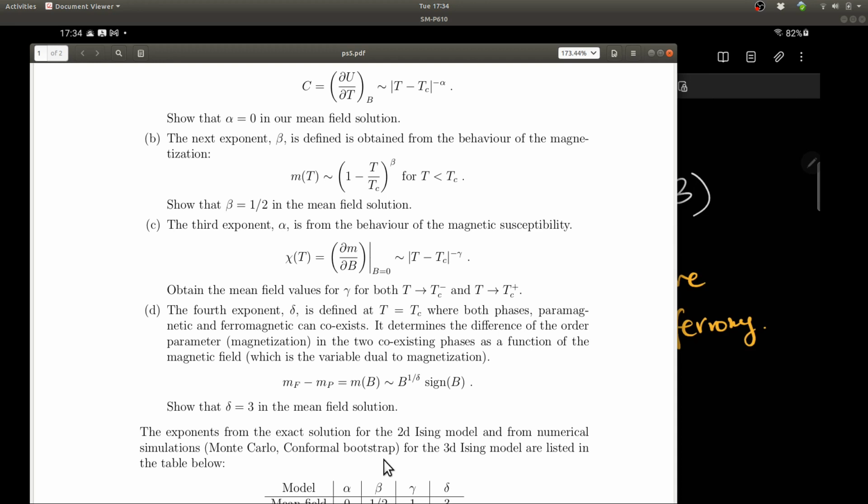At the coexistence line, at t equal to tc, both para and ferro can coexist, but the magnetization in the para phase is 0, and in the ferro phase it's some non-trivial m when B is turned on and B is small. We are interested in what happens when B is small. Is this clear?